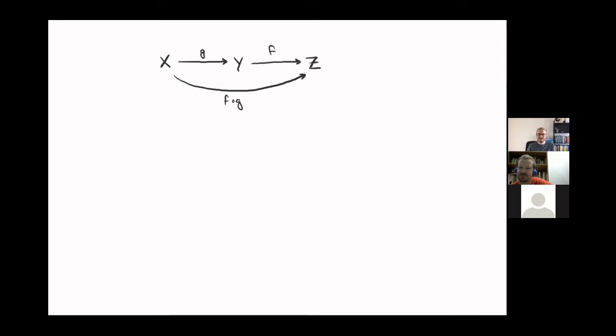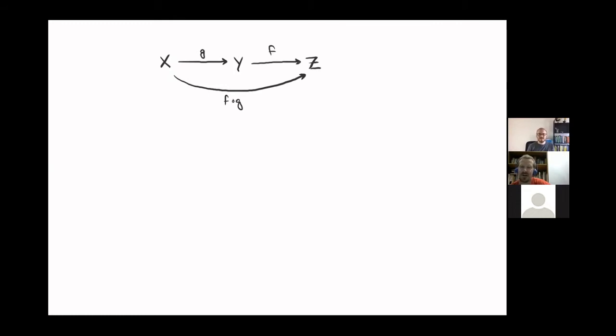The circle kind of looks like an O for "of." Sometimes people will say F after G. That's helpful because I write F and then G in the diagram, but G is the first thing that I do, and then F is the second thing that I do. So there's this kind of reversal, and that's why sometimes people will say F after G, to remind you that in the diagram, F would be the one that comes after.